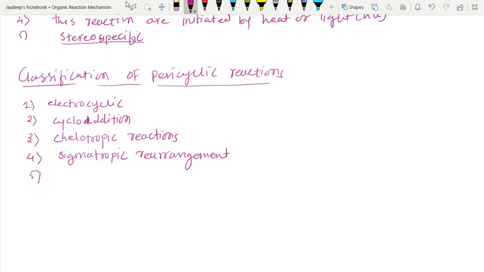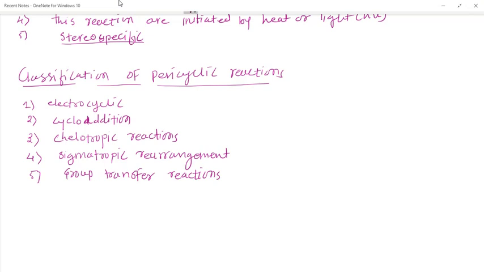And the last one, the fifth one, is group transfer reactions. Okay, these are the five classes of pericyclic reactions. So we are going to consider them one by one.